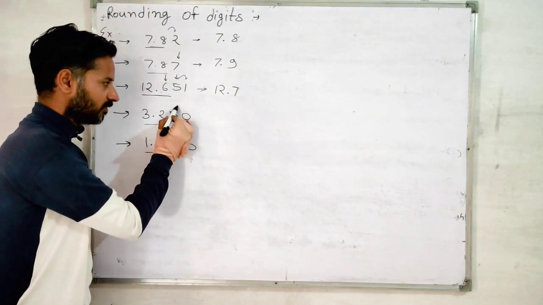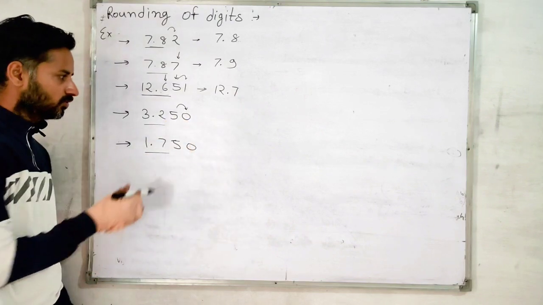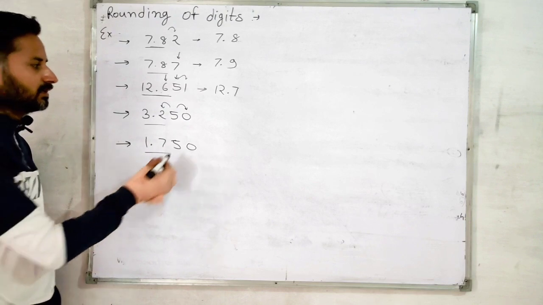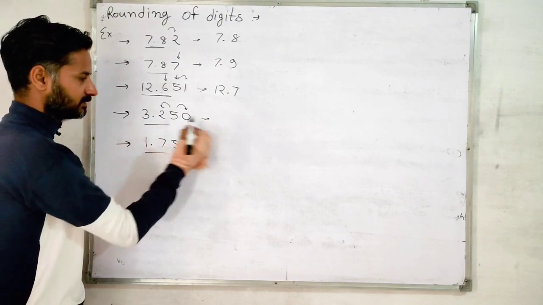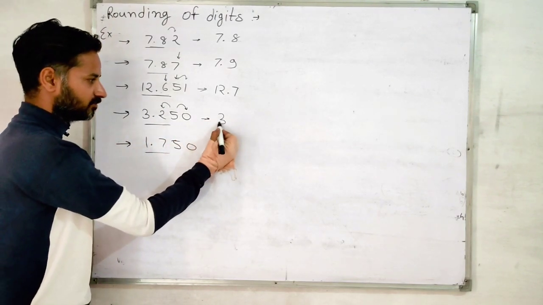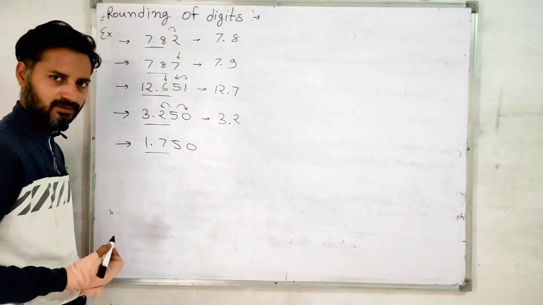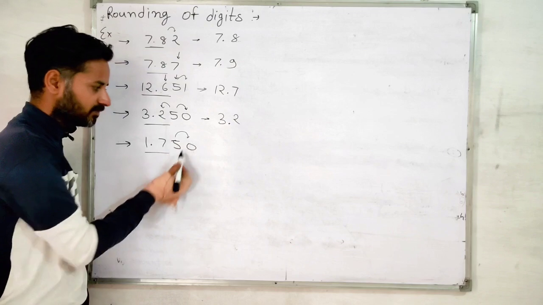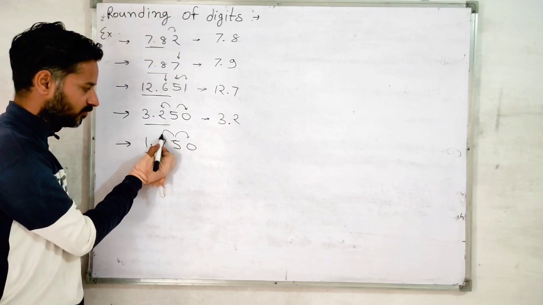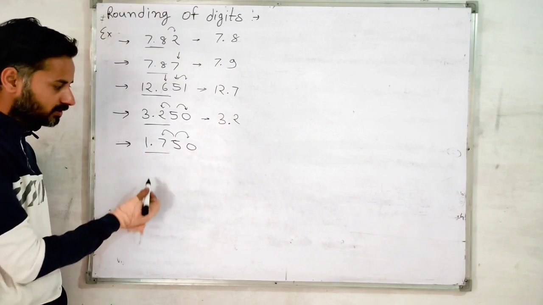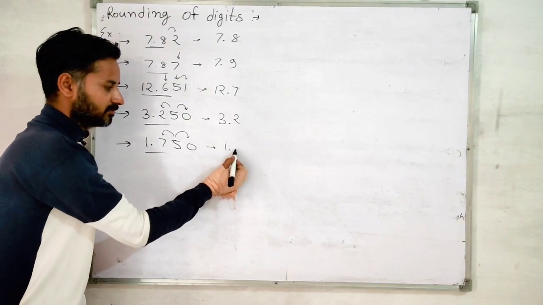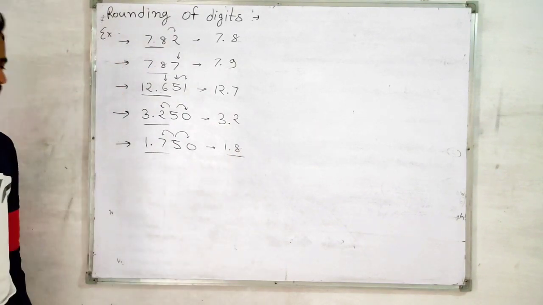If after the 5 the number is 0 and before it the number is even, then the number remains the same. So in this case, after rounding off, the number becomes 3.2. If after 5 the number is 0 and before 5 the number is odd, then in this case the number will increase by 1. So in this case the number becomes 1.8 after rounding off.